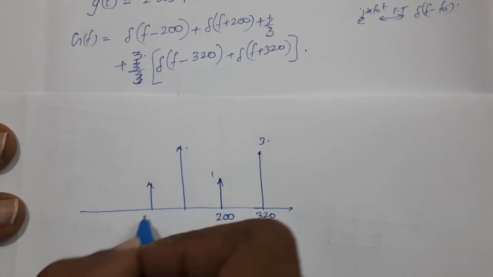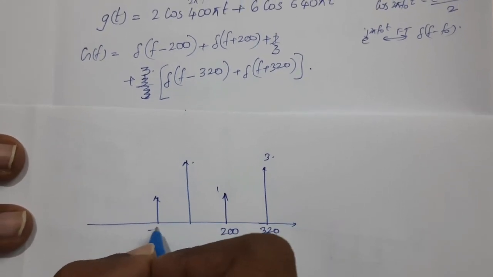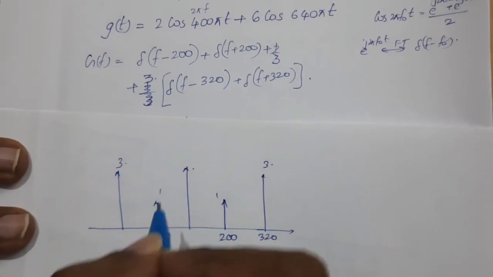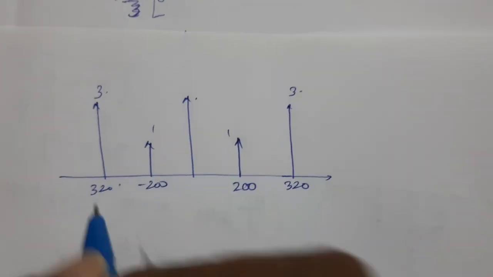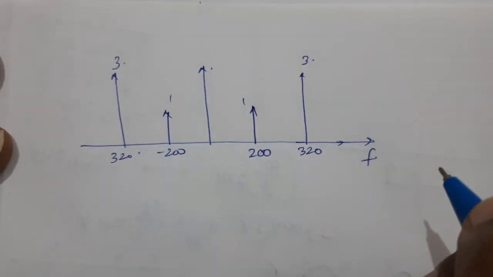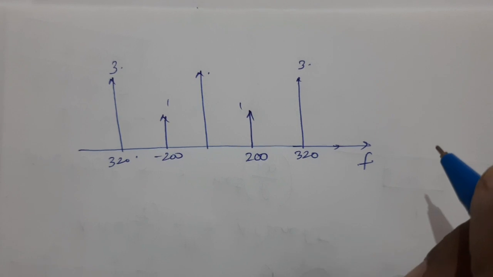Similarly, in the negative frequency side we have minus 200 with amplitude 1 and minus 320 with amplitude 3. So this is the Fourier transform of the given signal.